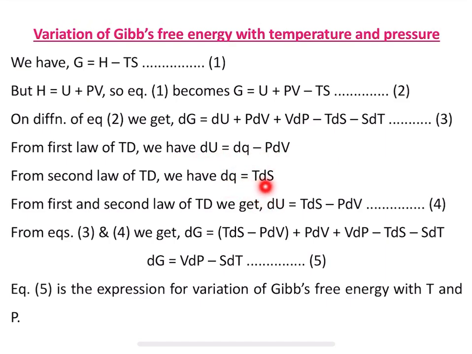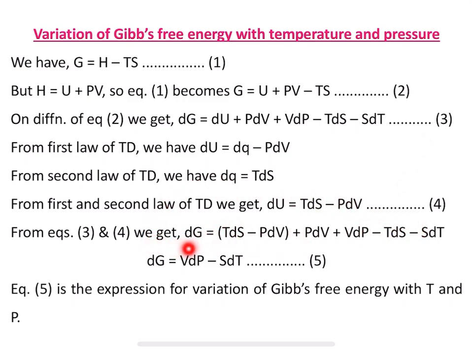When I substitute this TdS here, from the first and second law of thermodynamics we get dU is equal to TdS minus PdV. That is what has been written here, TdS minus PdV, and let me call this equation number 4.